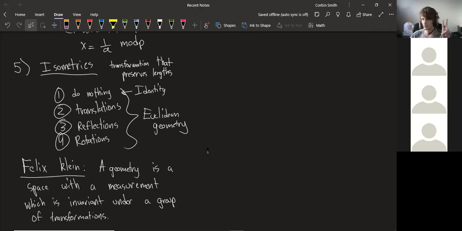There are 2 more examples of groups that I want to give before we move on to the group that we're really interested in. That has to do with the things that we were talking about. I guess I should pay some respect to Mr. Felix and capitalize his last name.